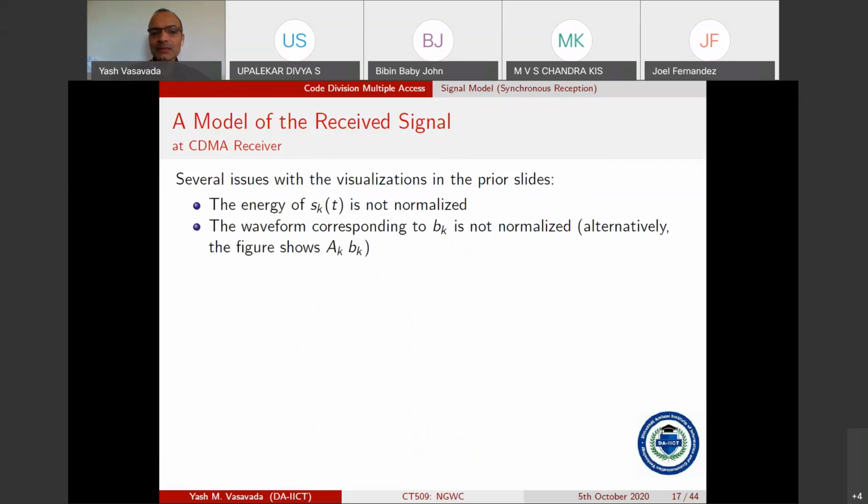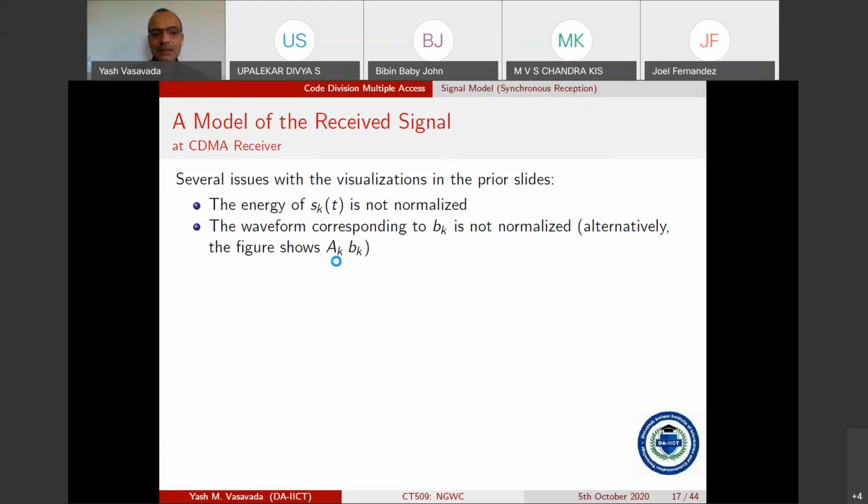So that is something that you should keep in mind, that if we were plotting just B of k, then we needed to normalize that waveform. Alternatively, you can think that what we are plotting is A of k times B of k. In that case, we have to be mindful of what A of k is.